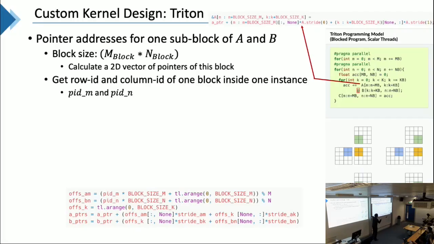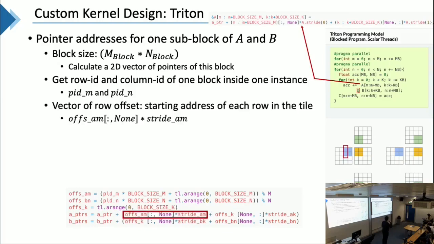So in here, you will use this PIDM and PIDN as the index to leverage your instance. And according to this PID index, you're trying to get the address of the corresponding block.